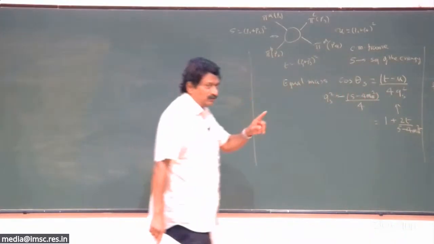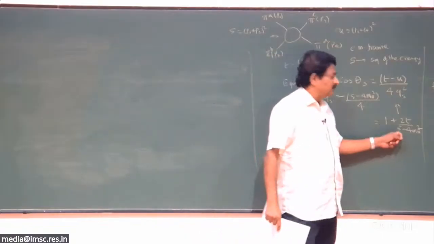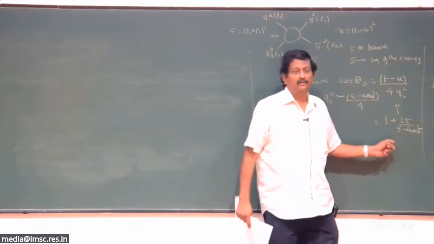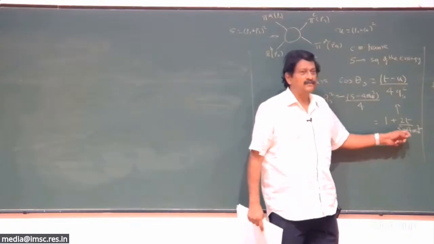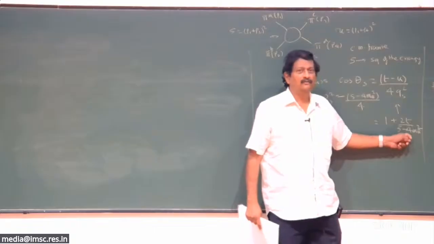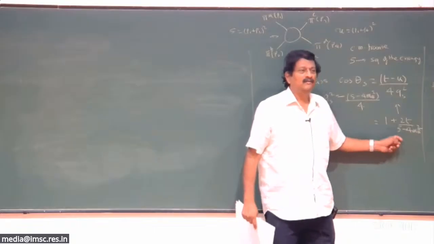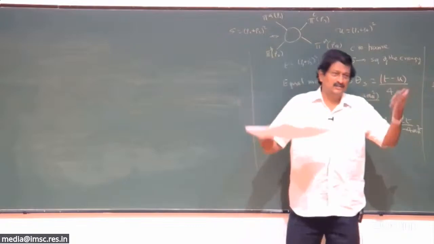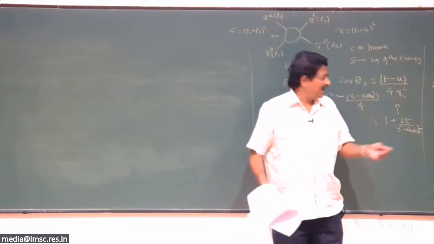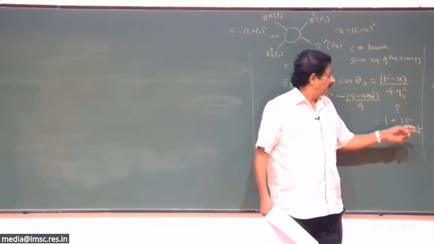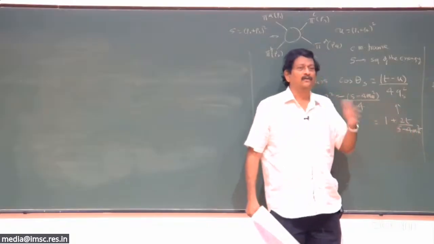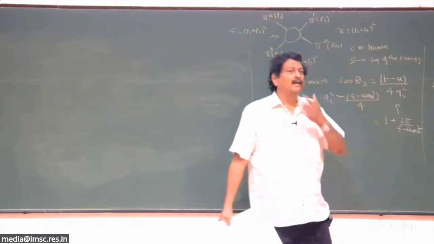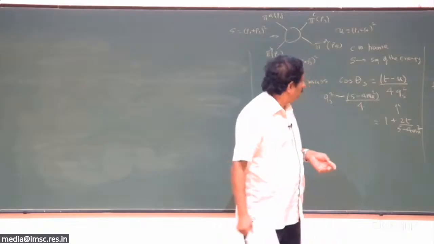So in the physical region, you will all agree that S is always greater than 4 m pi squared. Who in this room does not agree that the physical region corresponds to S greater than 4 m squared? Does anybody agree or disagree? Obviously, the energy has to be more than 4 m squared, otherwise you will not have particle production, right? So this thing is positive, and cosine theta in the real world has to lie between what and what? Minus 1 and plus 1, right?